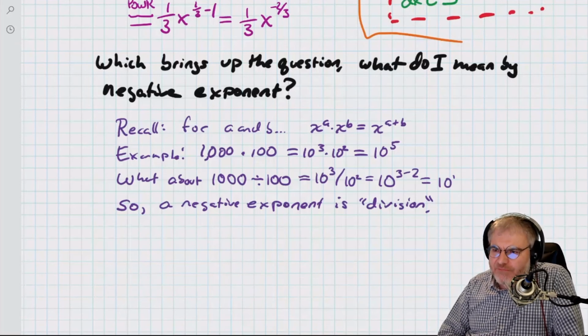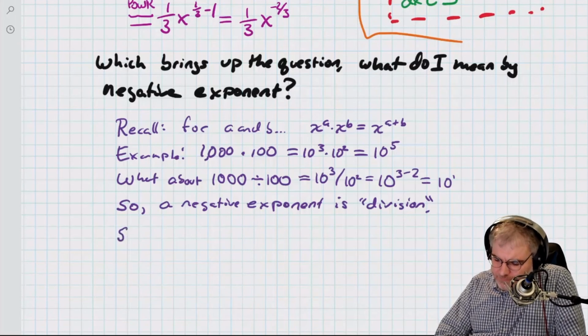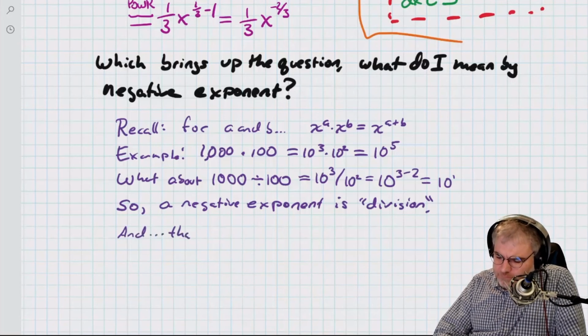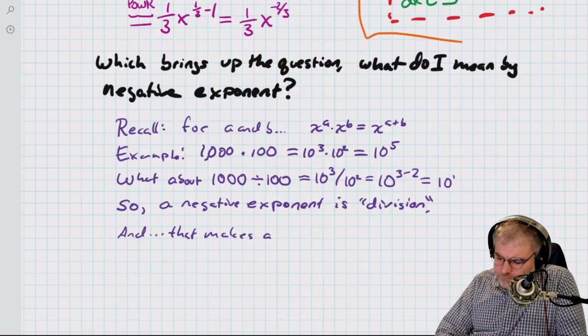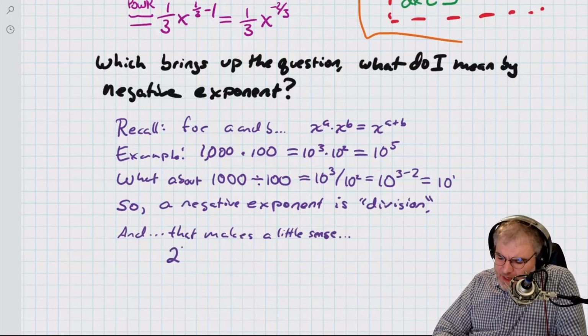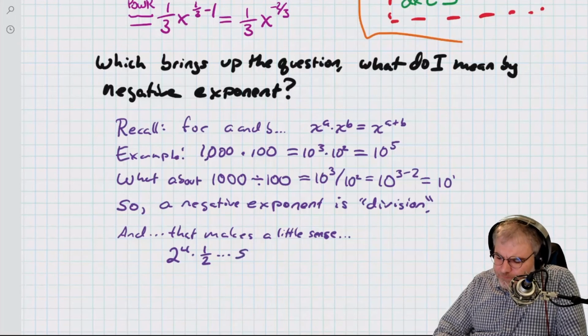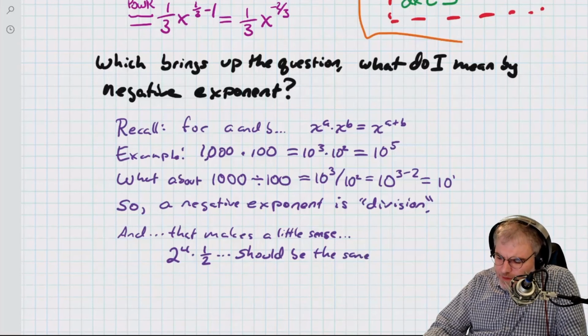Because if I have 2 to the 4th and I multiply it by 1/2, it should be the same as 2 to the 4th over 2.